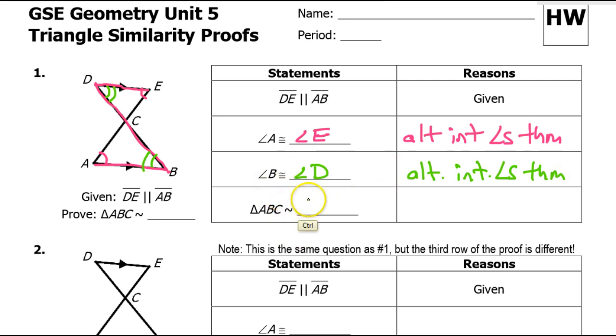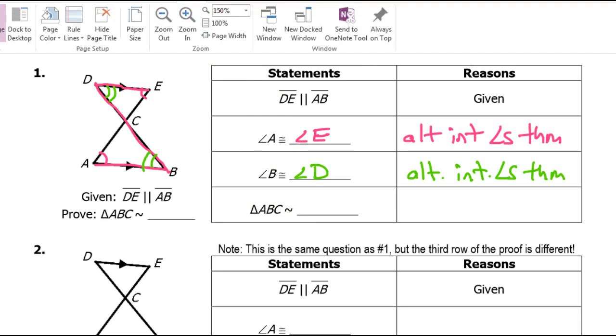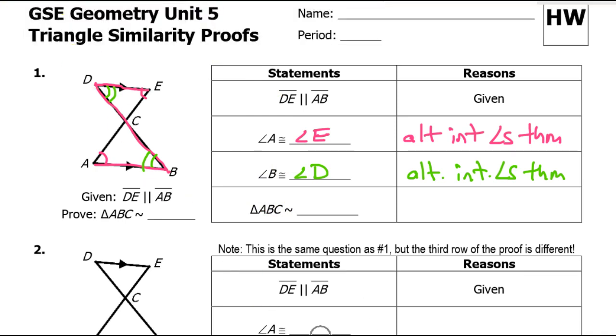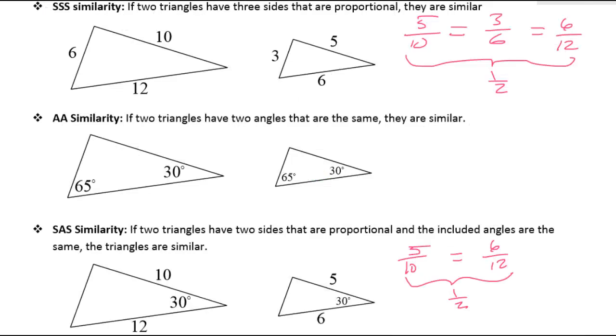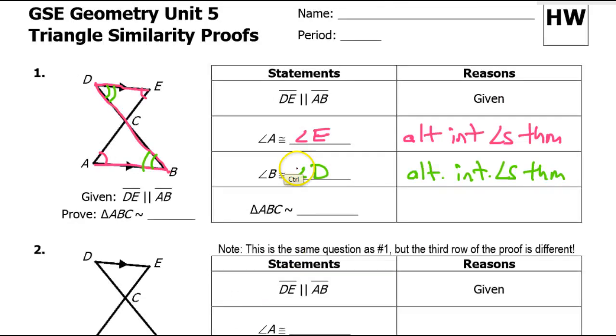And guess what? That is enough information to say that the triangles are similar. Which one of these three things is it going to be? Side-side-side similarity, angle-angle similarity, or side-angle-side similarity? Well, all we have is a pair of corresponding angles, angle-angle.